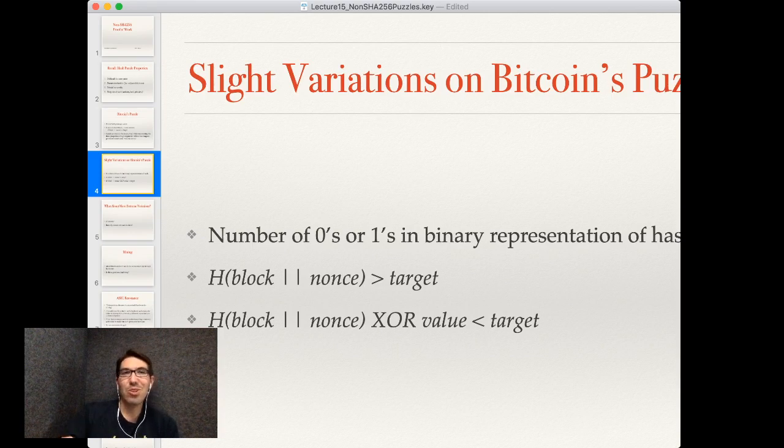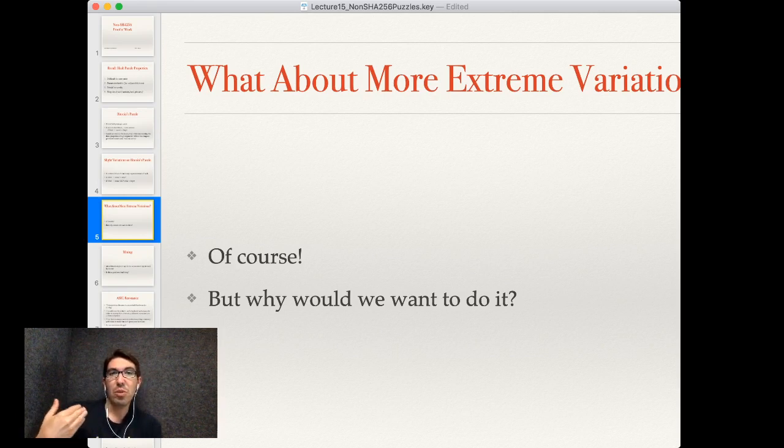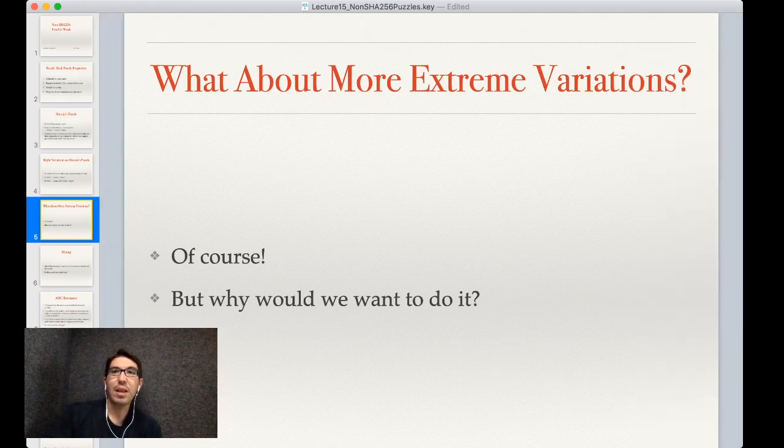Well, there's no real benefit to this, but would there be benefits to more extreme variations of this, to larger changes to this basic concept? And of course, there are a lot of reasons that we might want to do that. There's not really much of a reason to just flip the Bitcoin puzzle around so that it's higher values instead of smaller values.